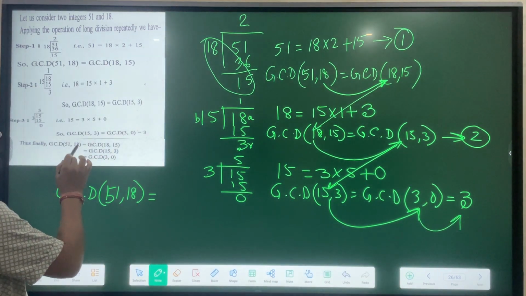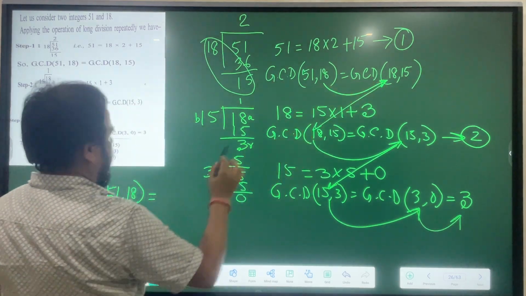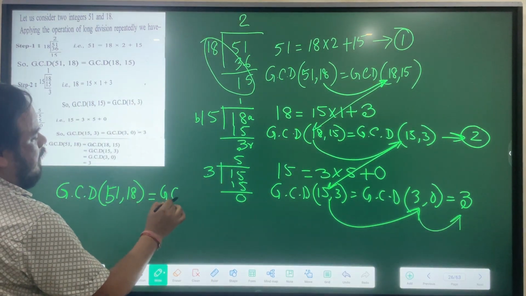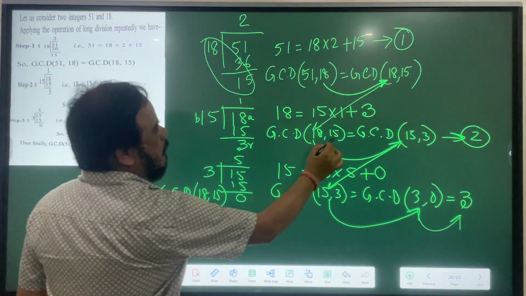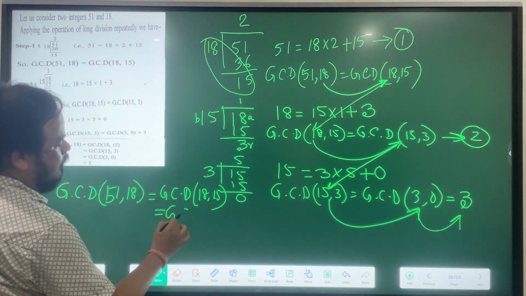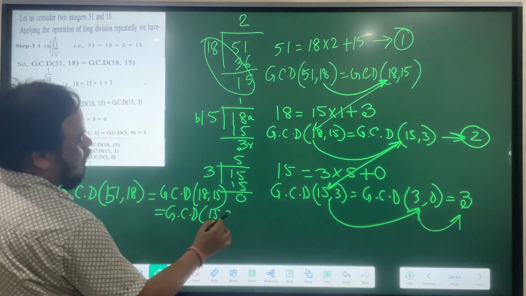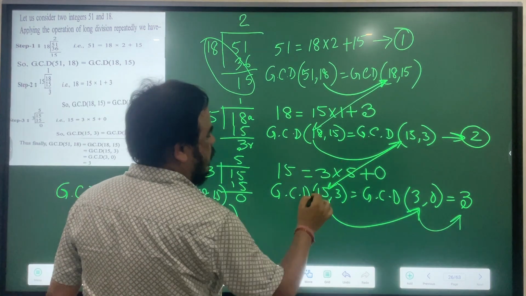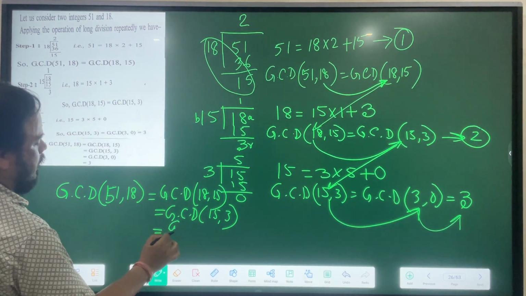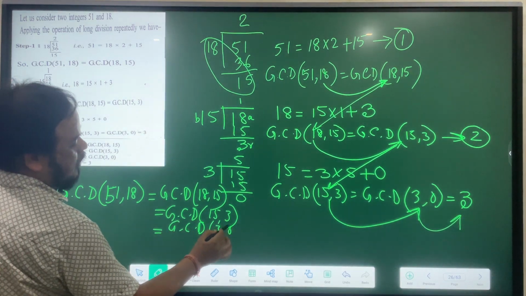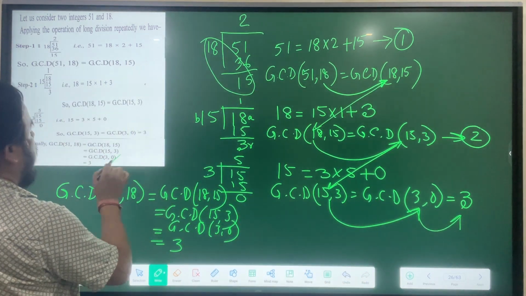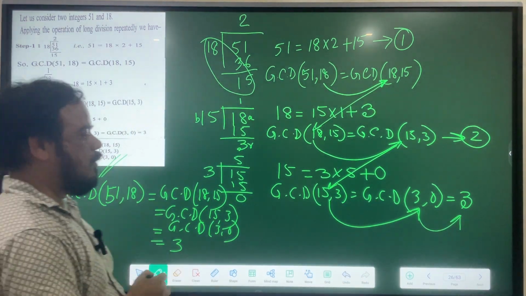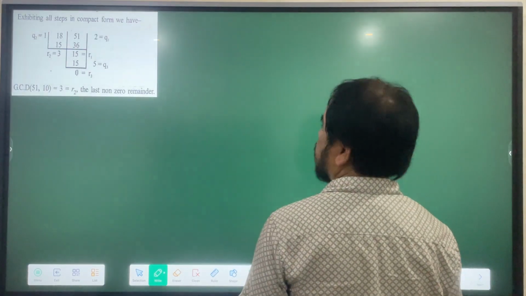GCD 51, 18 equals GCD 18, 15, equals GCD 15, 3, equals GCD 3, 0, equals 3. This is whatever is written in the book, so I have explained it.